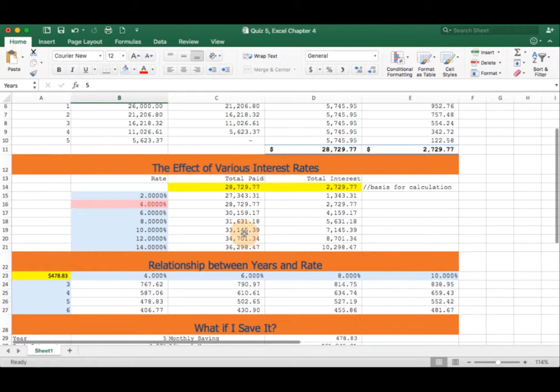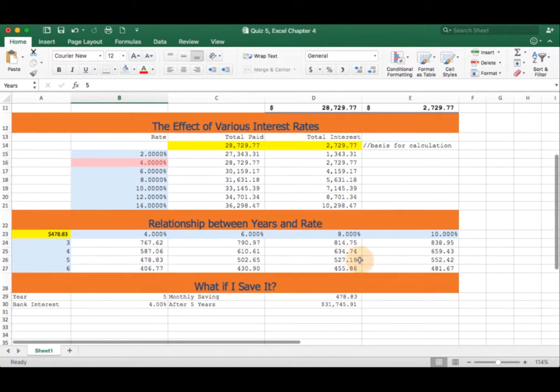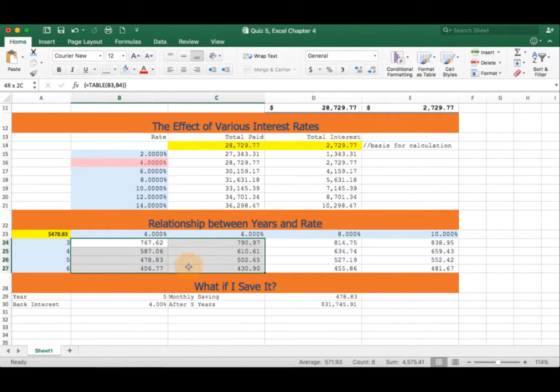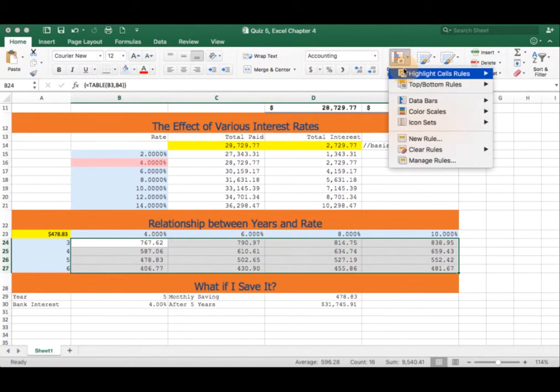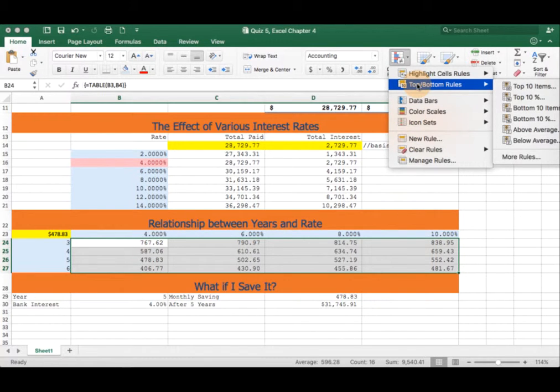Let's go here. There's a second requirement. This time, the requirement says to highlight the lowest 4 values among all these values that have been calculated from data table 2. So using this function again, this time you can choose top bottom rules, more rules.